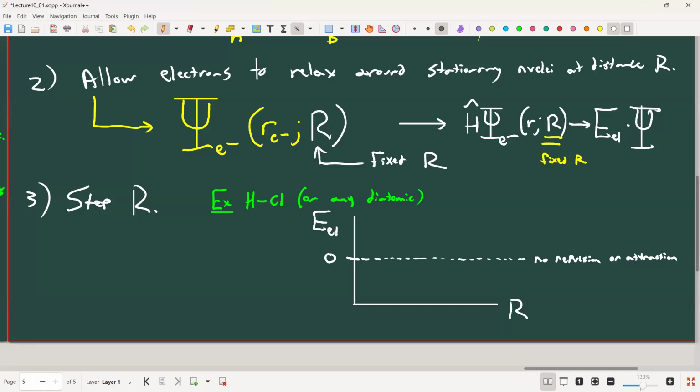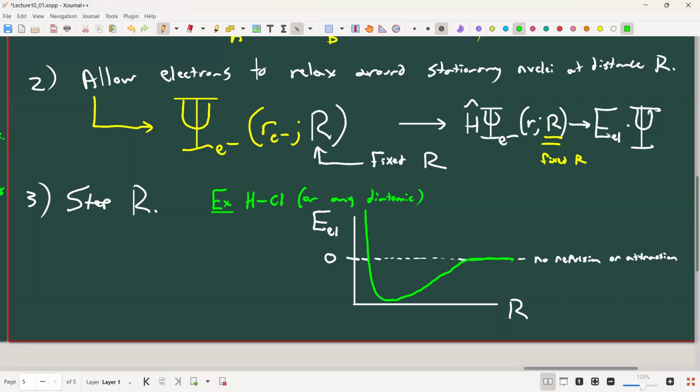The electrons don't interact. One electron's on A, one electron's on B. So at long distance the energy is 0. At really close distance, the nuclei are pushing against each other, and that's extremely repulsive, so the energy skyrockets at close distance.